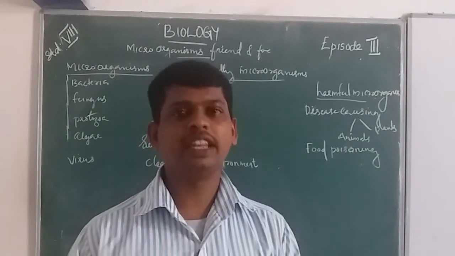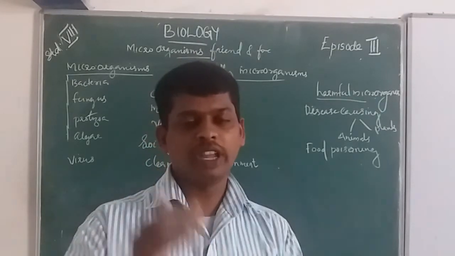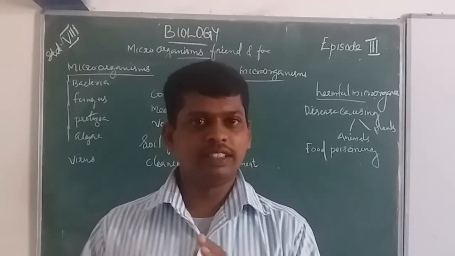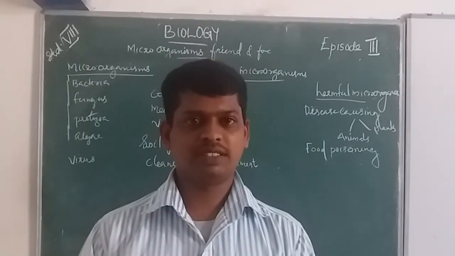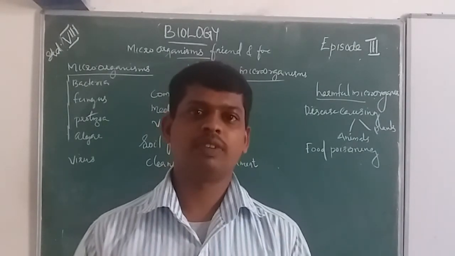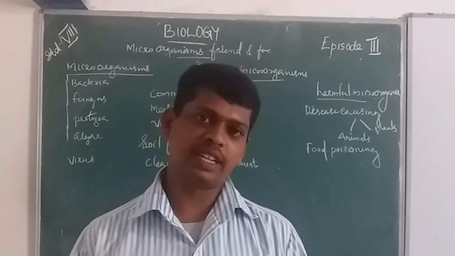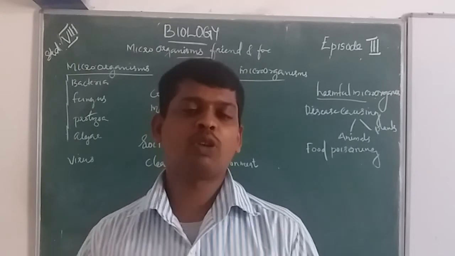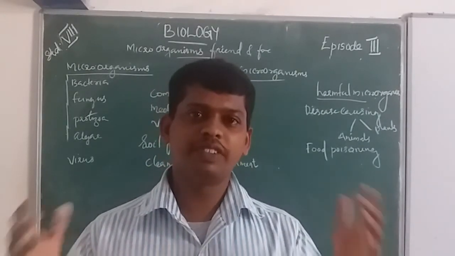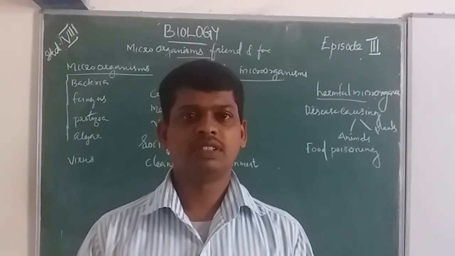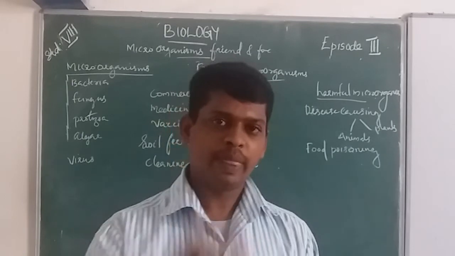These are the friendly microorganisms, and we use some microorganisms in our households, like making idli and dosa. The flour puffs up in size because of anaerobic respiration done by microorganisms like bacteria. Carbon dioxide fills the flour, so it is puffed in shape.